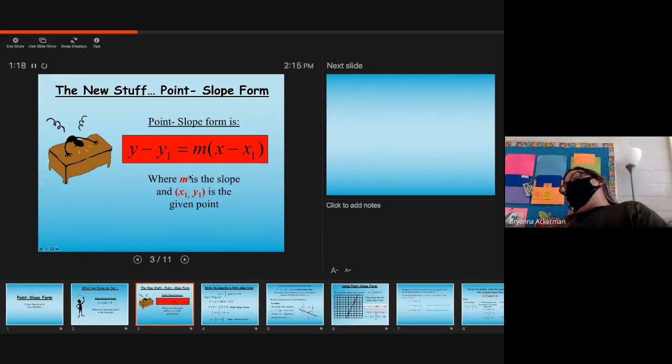You'll notice that inside of it is a minus. And so if it was already a negative, it would be a plus. So like if the x value was a negative, it'd be x plus that value, okay? And then the m goes here for the slope. So let's look at one and try and put it in, okay?